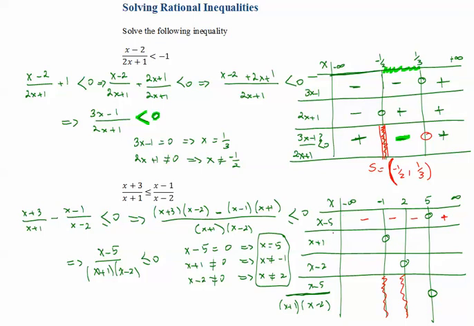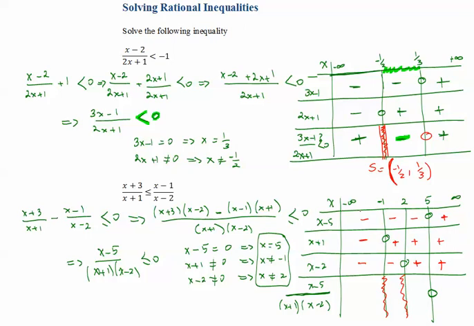Here as well, any value less than -1, like -2, will make this negative, and any value for x after -1 will make x plus 1 a positive value. The same here, any value less than 2 will make this linear function negative, and any value after the 2 will make it positive.